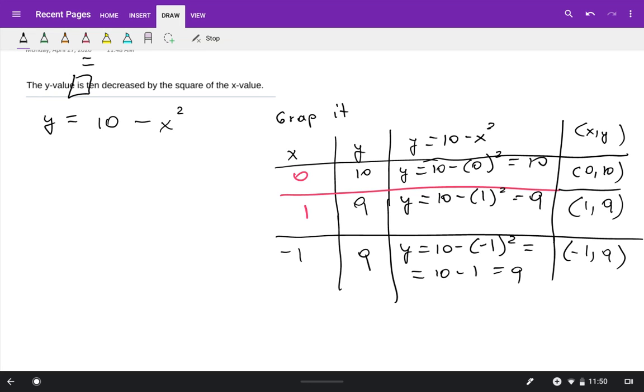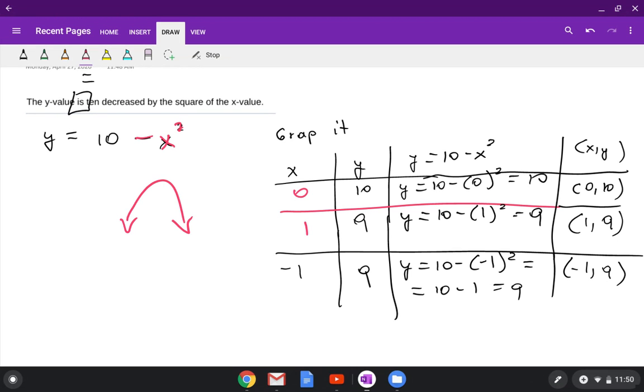So you have 3 points: 0, 10; 1, 9; negative 1, 9. And you have a negative x squared, so your graph will look that way. It's going to be a parabola which opens down. All the time when you have x squared, it's a parabola. If there is negative x squared, the parabola opens down. A positive one will open up.